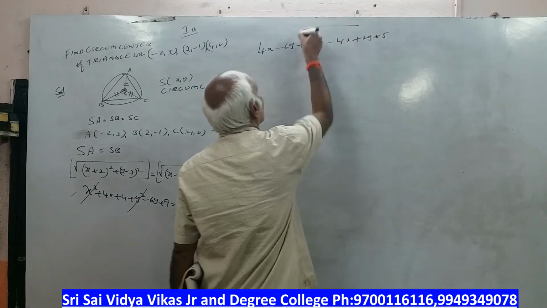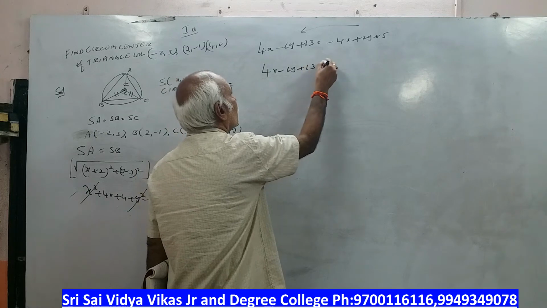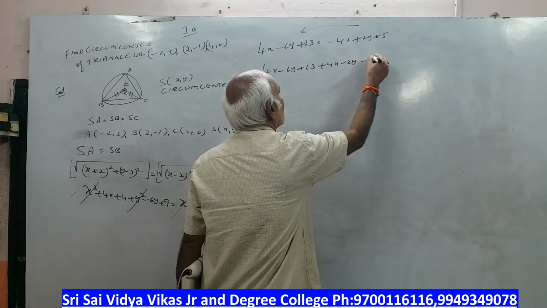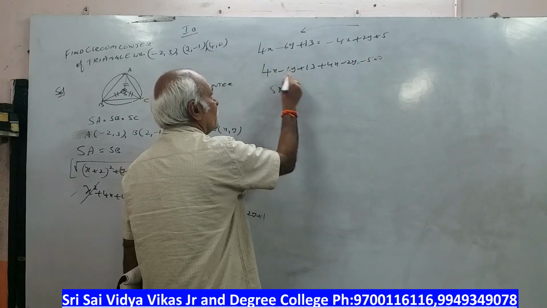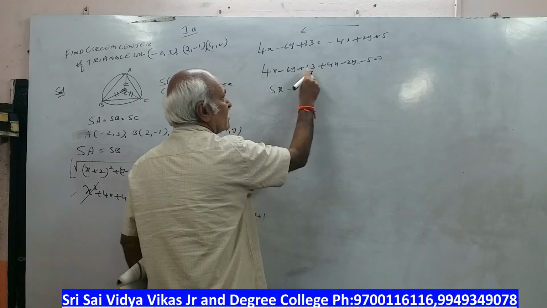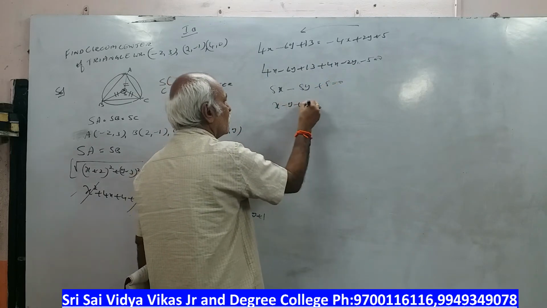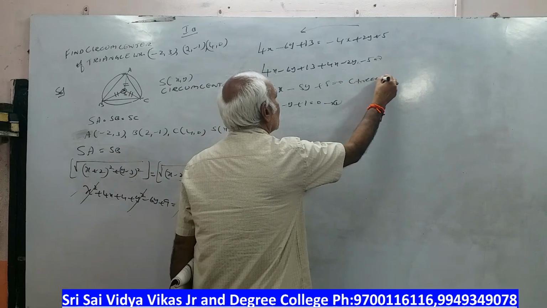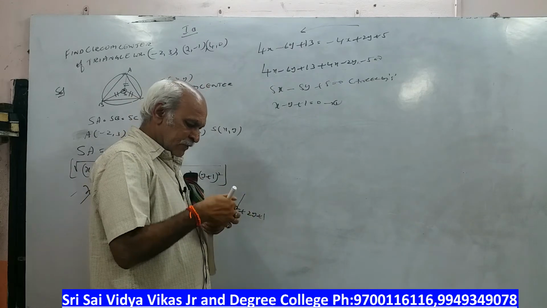Bring that down to this side: plus 4x minus 5. So 4x plus 4x is 8x, 6y minus 8y... plus 8 is equal to 0. This is the first equation. Cancel by 8.